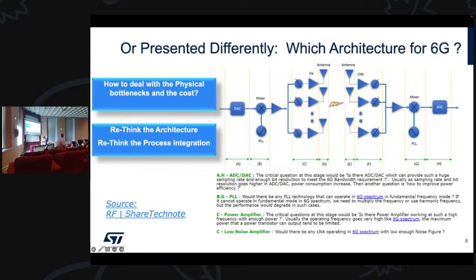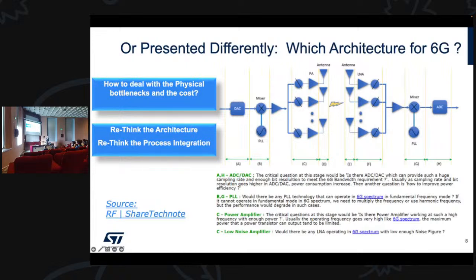The first one is the sampling frequency. The second one is the frequency of the PLL. So we need to distribute local oscillators, which are at very high frequencies. So we have high phase noise, and difficulty to create the frequencies.